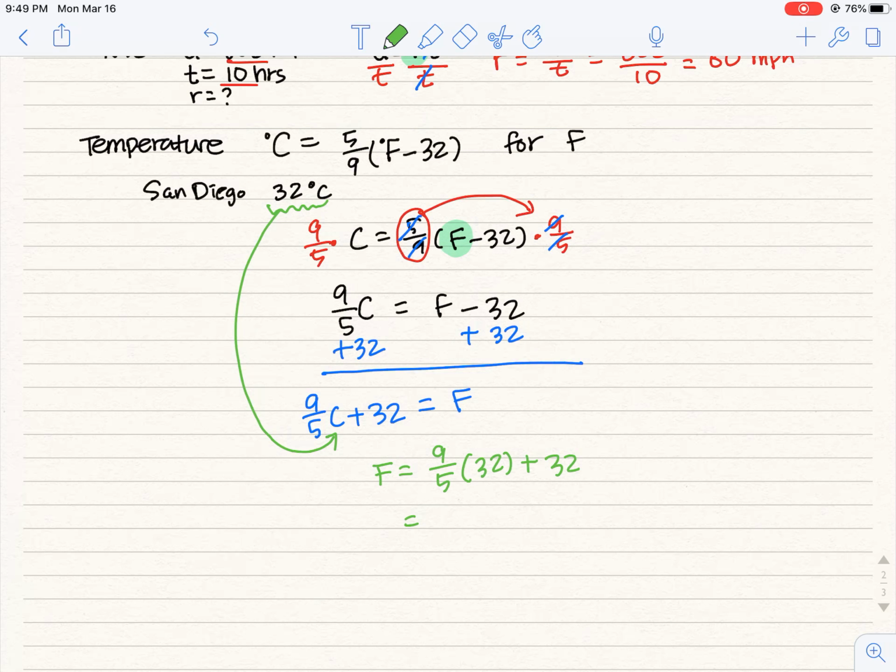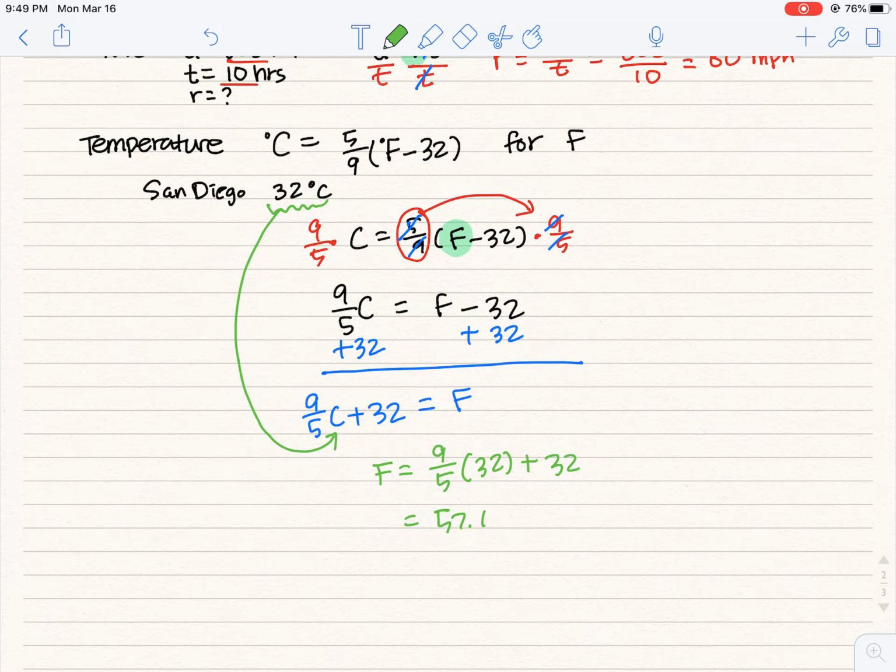So let's see. I will have 9 times 32, which is 288, divided by 5, which gives me 57.6, plus 32.